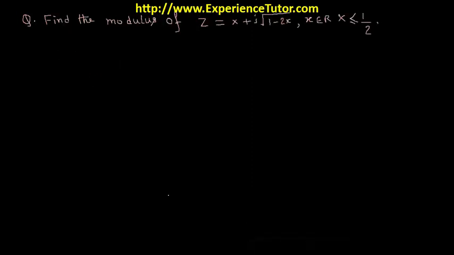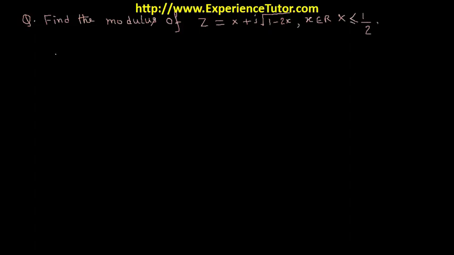Our next question is to find the modulus of z equal to x plus i times the square root of 1 minus 2x, where x is a real number and x is less than or equal to half.